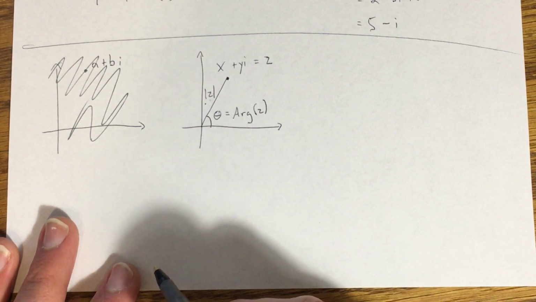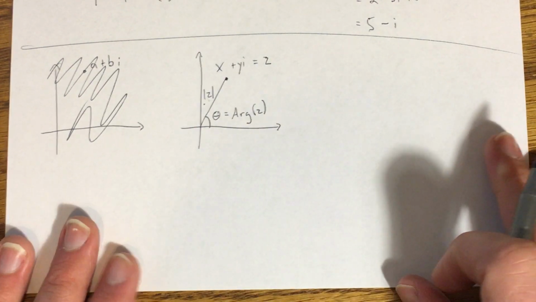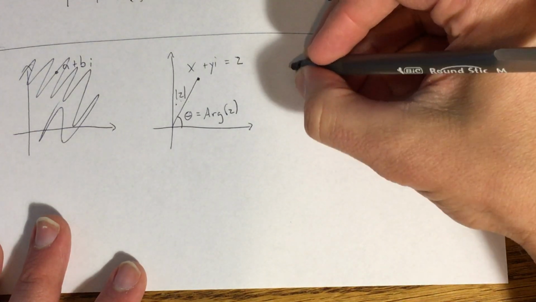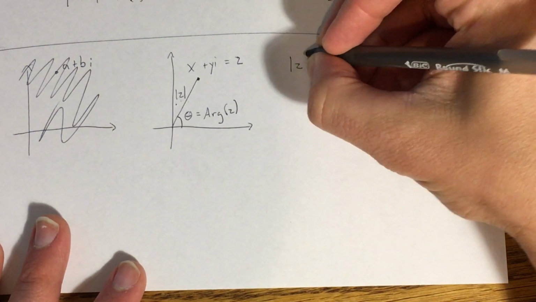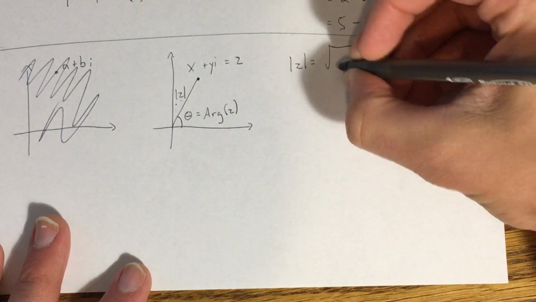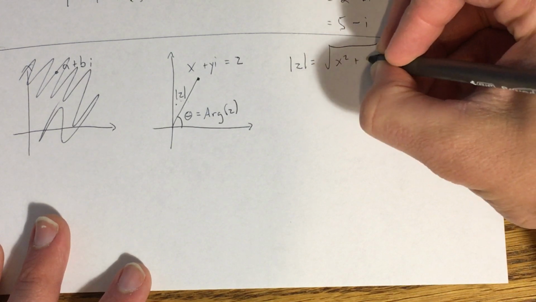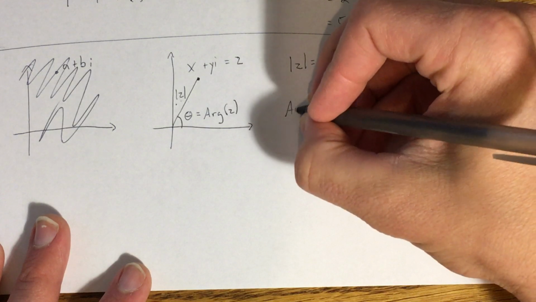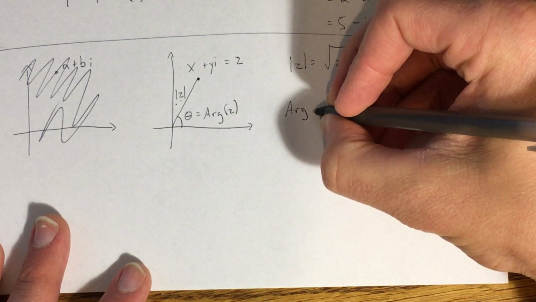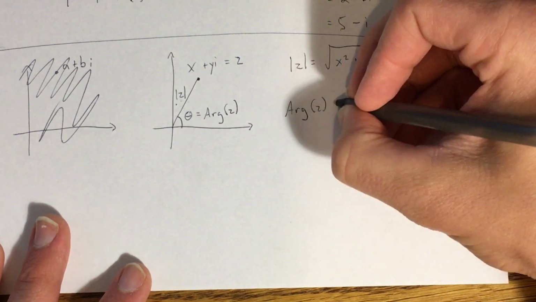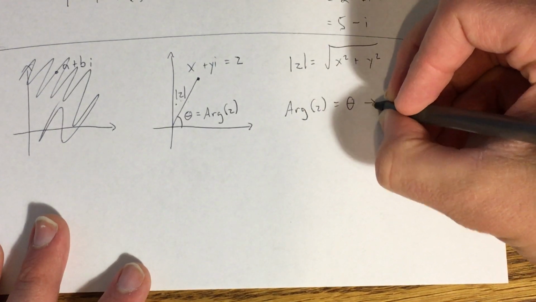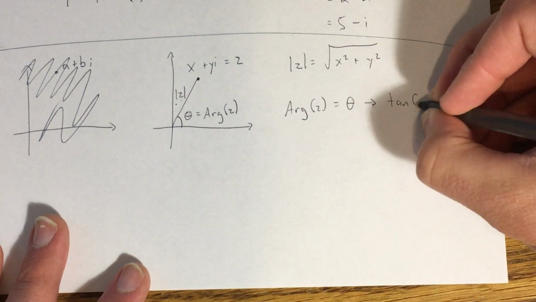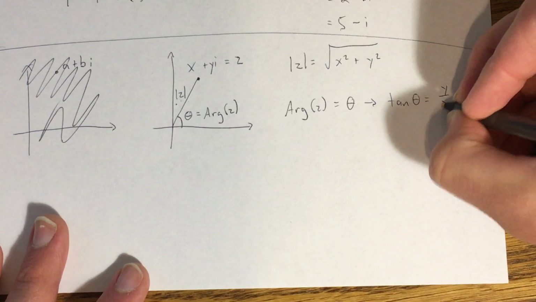Both of these quantities we find the same way that we do with polar coordinates, because it's basically the same idea. So the magnitude of z is equal to the square root of x squared plus y squared, and the argument of z, if we call that theta, then we have this relationship: tangent of theta equals y over x.